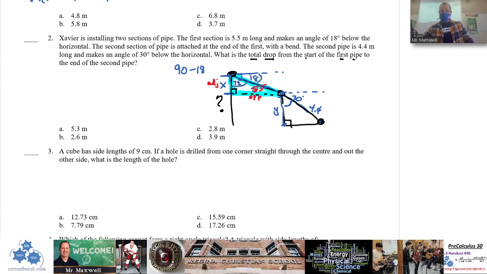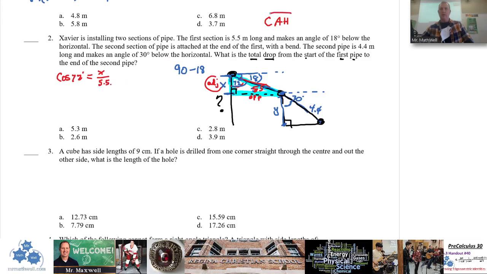Okay, so in the first triangle, you've got an angle, you've got the hypotenuse length. You're trying to find the adjacent side. So what is adjacent and hypotenuse? Which trig function is that? So CAH TOA, right? So it's cosine of 72 degrees equals adjacent, that's x, over hypotenuse, over 5.5.